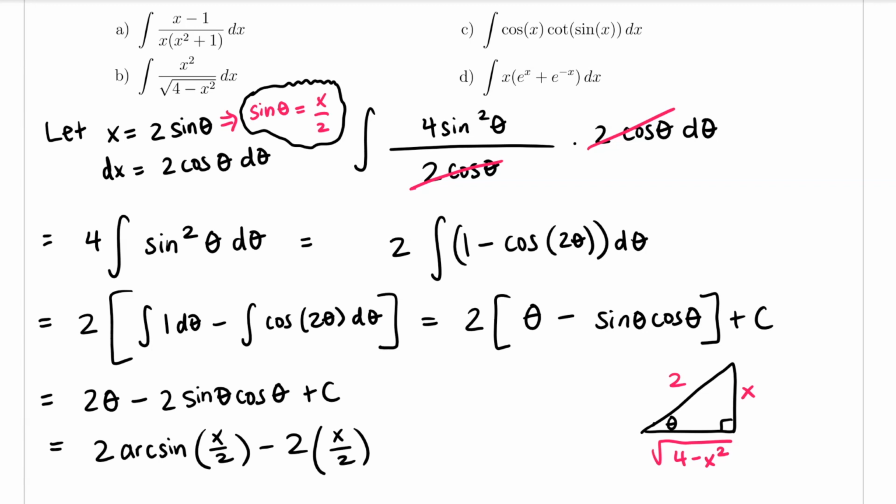And then looking at our picture here of our right triangle, we can see that cosine of theta is equal to the square root of 4 minus x squared all over 2 plus our constant of integration. And if you notice, there's a 2 in the numerator here and the 2 in the denominator. So if we clean that up, we can just put x there. And here is our final answer for part B.